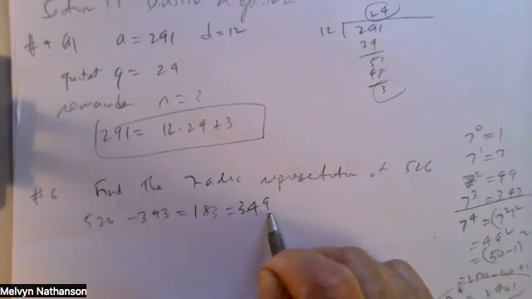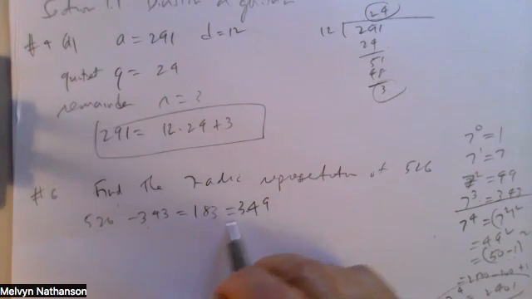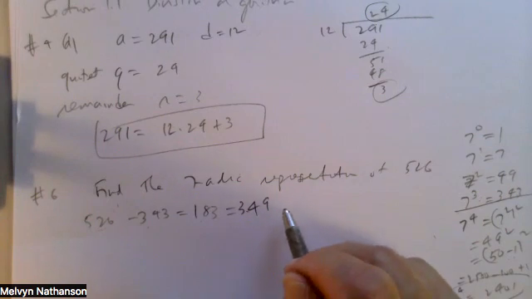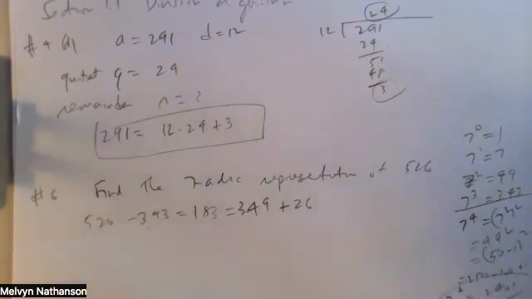3 times 49 is 147. 183 minus 147, I think that's 26. Is it 26 or 36?